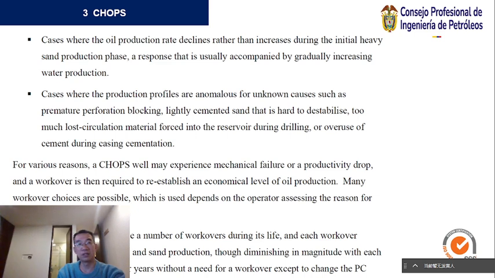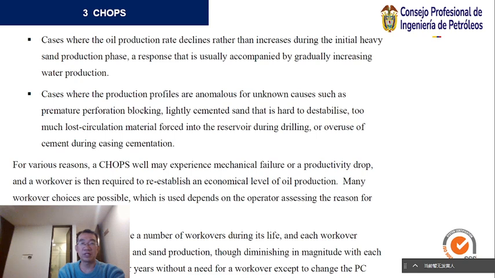Cases where the oil production rate declines rather than increases during the initial heavy sand production phase, a response that is usually accompanied by gradually increased water production.